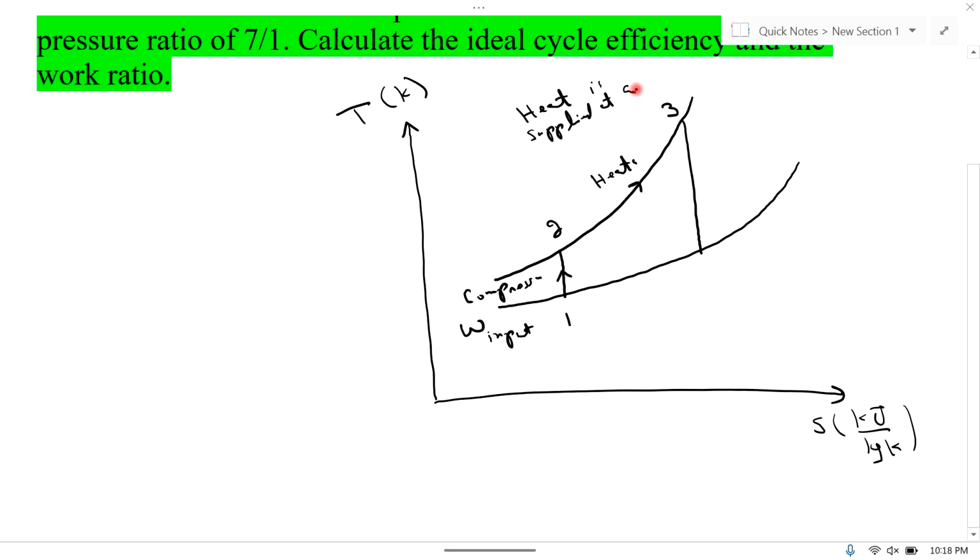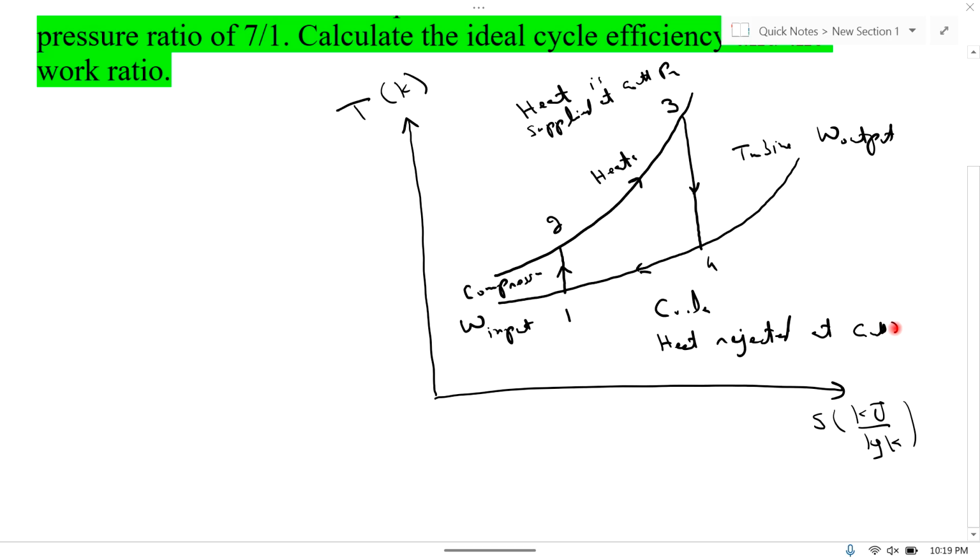From 3 to 4 is the turbine, and the turbine gives us work output. From 4 to 1 is the cooler, and in the cooler heat is rejected at constant pressure.